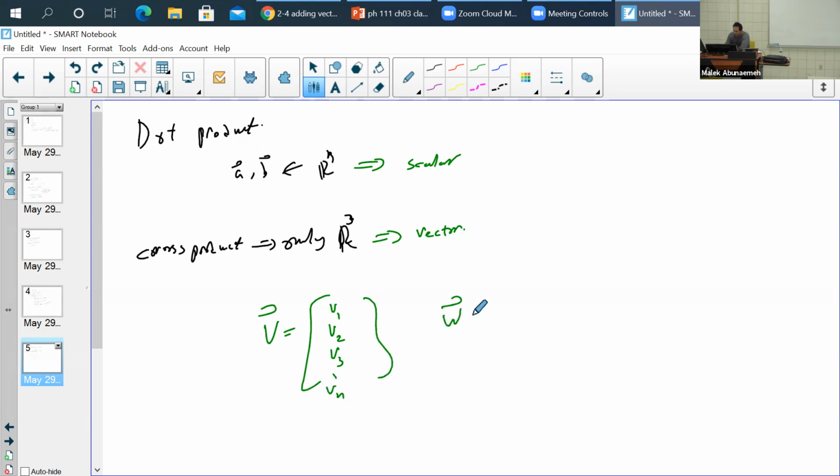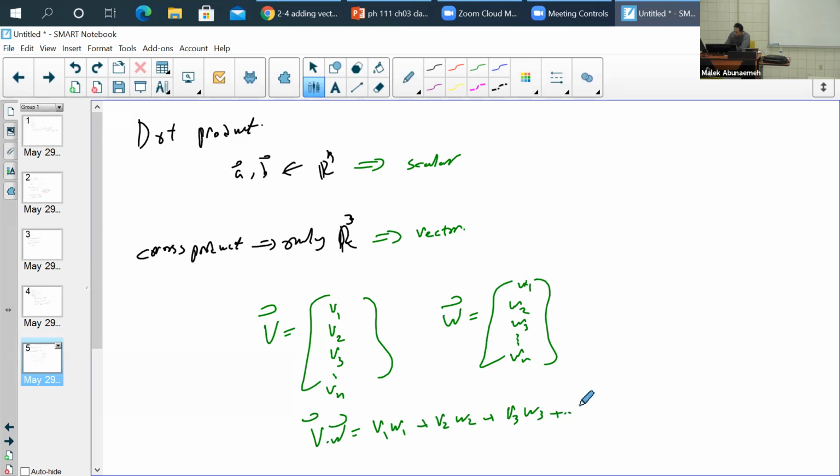And you've got your component W: W1, W2, W3, all the way up into n dimensions, so Wn. So V dot W is going to equal V1 W1 plus V2 W2 plus V3 W3, etc., plus Vn Wn.